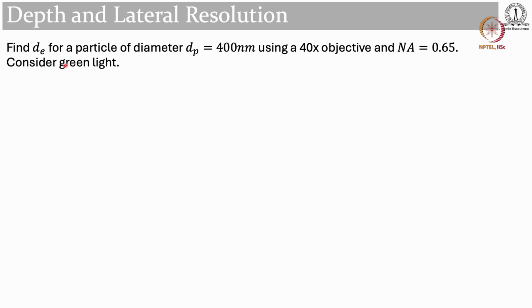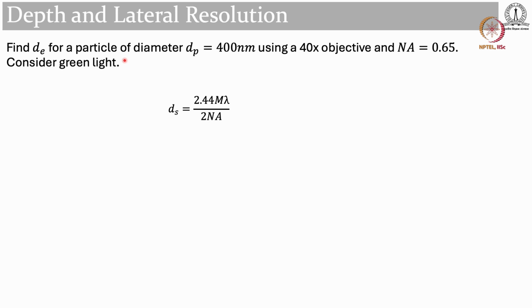Let's find this de value for a particle diameter, say dp equal to 400 nanometers, using a 40x microscope objective, and the numerical aperture is 0.65, which is a high numerical aperture, and let's consider the light to be a green light source.